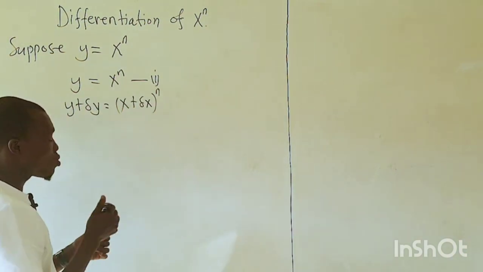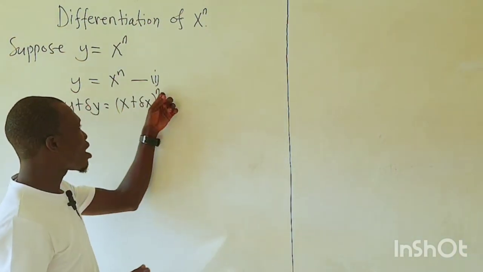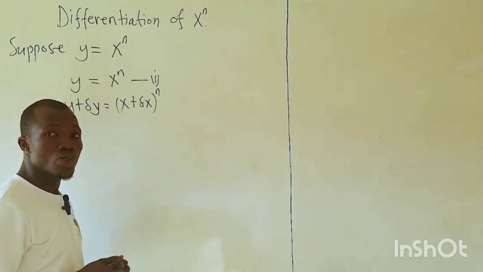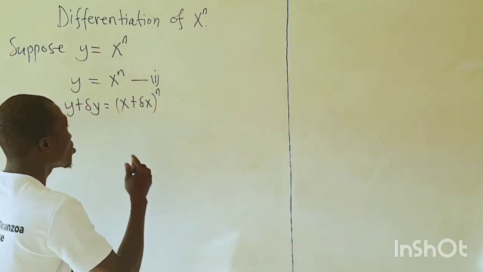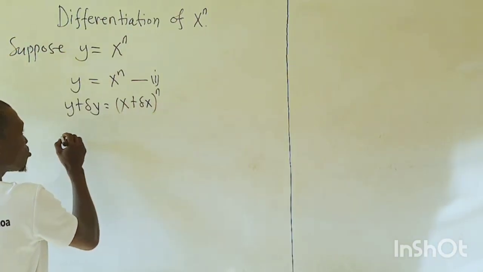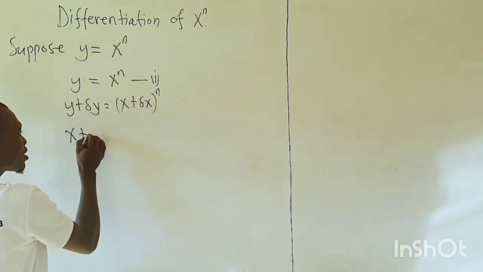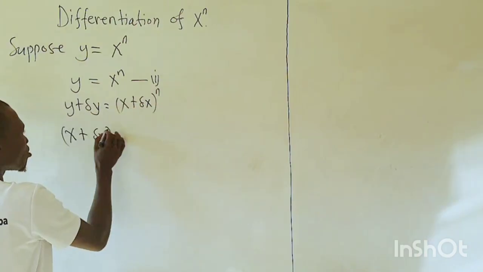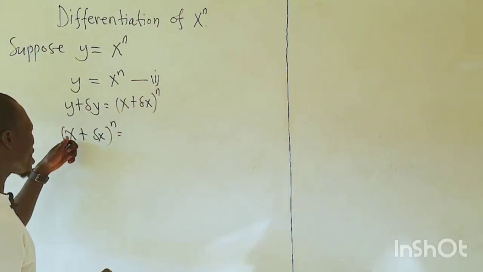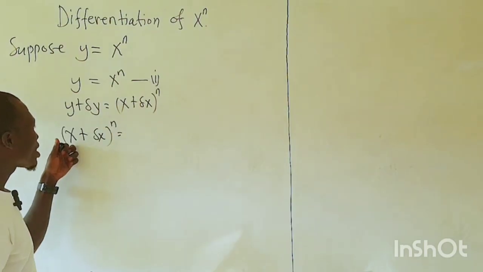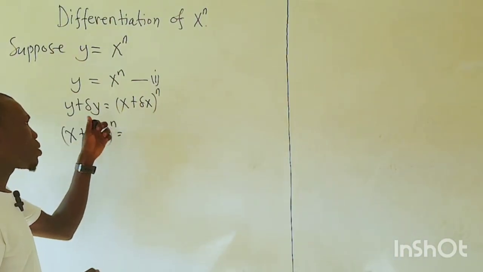On the right hand side, since we have a power n, we shall use expansion by binomial. So if you expand x plus delta x power n using binomial, the first term in this bracket will carry the power n.